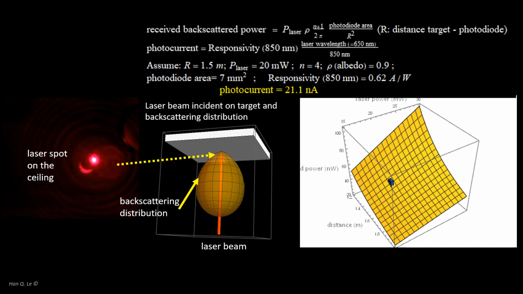This distribution was modeled based on the three positions of the photodiode relative to the illuminated spot, roughly +25, -25, and 0 degrees. The expected backscattered signal current is calculated and plotted as shown. Using the photodiode specifications and the laser specified power, it was found that the detected light signal was within the expected range, as shown next.